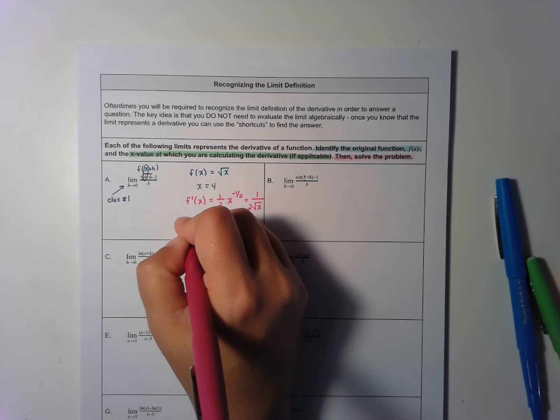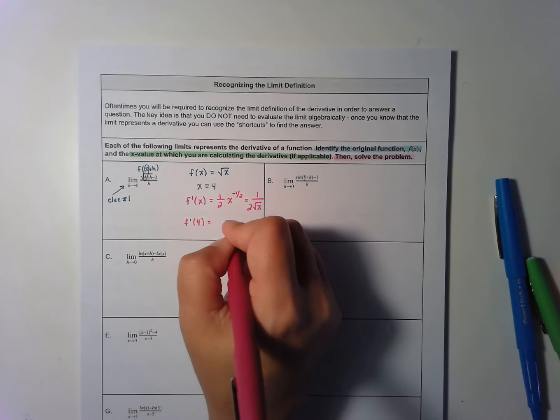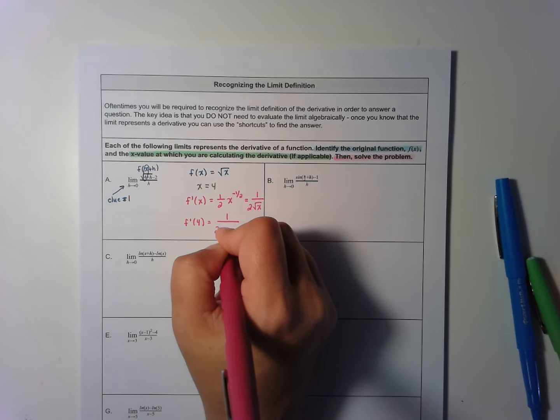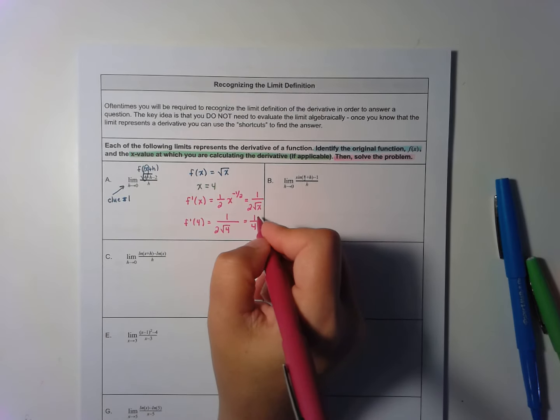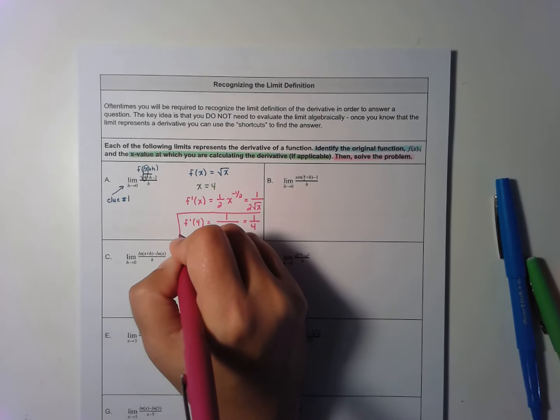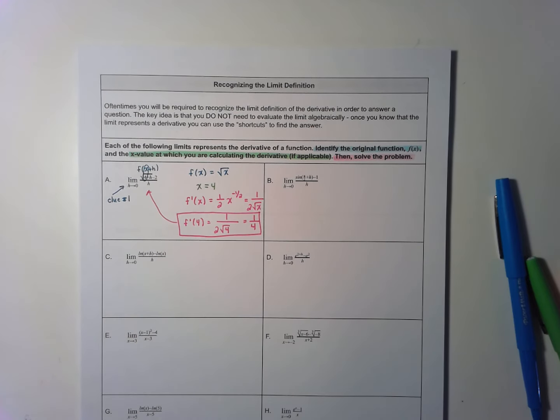And then I would plug in the number 4, which would be 1 over 2 times the square root of 4, which is 1 over 4. So 1/4 is the answer to this limit because this limit really means take the derivative of the square root of x at 4.